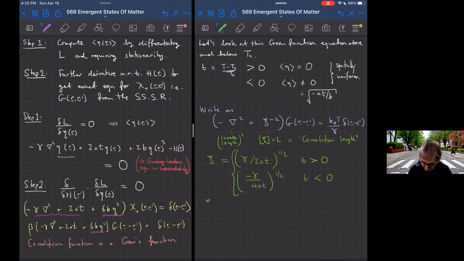So we can see that this length scale xi goes as t to the minus nu, where nu is equal to 1/2, and so this tells you that the correlation length diverges with a square root singularity as we go towards the critical point, in other words, as t tends to 0 from below or from above.